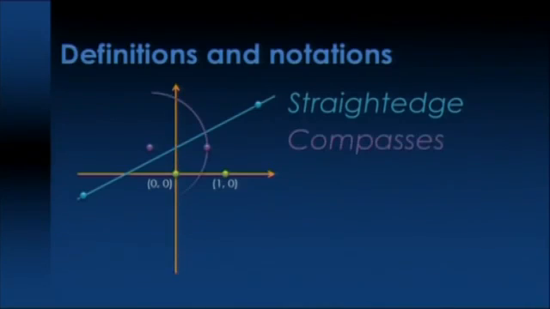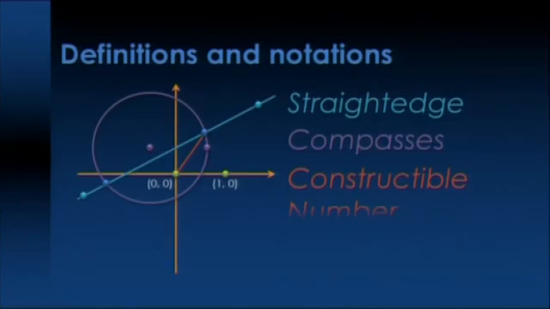Second would be passing a circle through one point and using another point as the center, called the compasses operation. The third would be simply finding the intersections between circles and lines, so as to add new points to the known points. Now, if after a finite permutation of such operations we can find a line, for example the red line there, which has a length equal to the absolute value of a certain real number a, then this number a is called a constructible number.